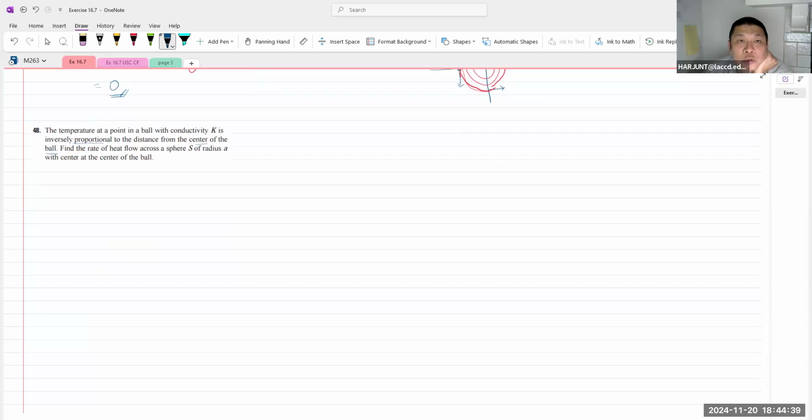Suppose the ball is centered at the origin, with radius a.